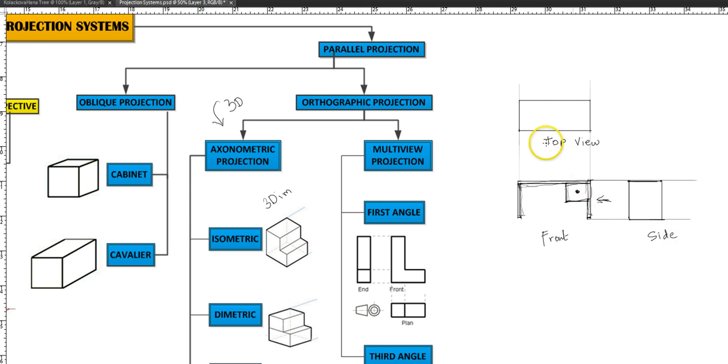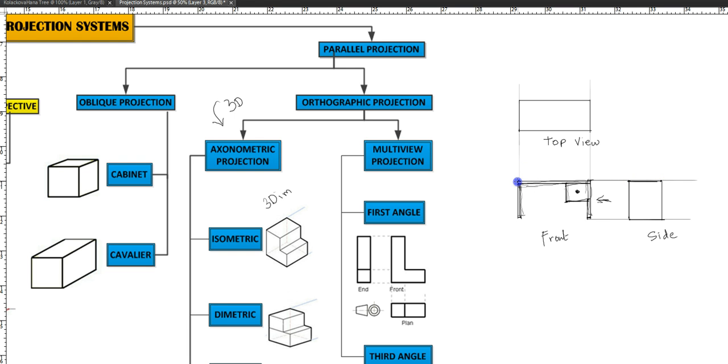Now if I show this to the client, if he understands the projection system, he can easily understand this, but sometimes he doesn't, and I would like to make a quick oblique view, and that is really easy when it comes to oblique projections, because we are going to be using one of the principal views, and all we do is give it a depth, and that will make it look 3D.